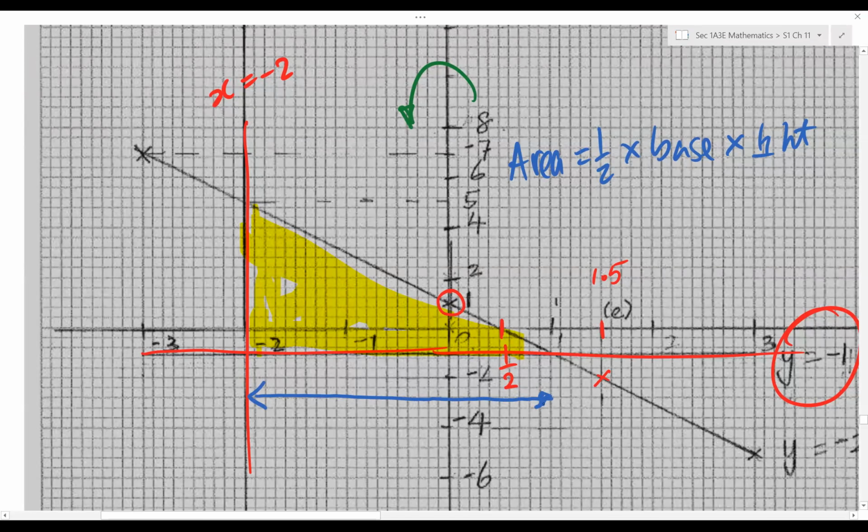So they see 1 square, 2, 3, 4, 5, and 6. They think that the base is 6. But is the base really 6 units? No, the base is 3 units, from -2 to 1. That is a total of 3 units only.